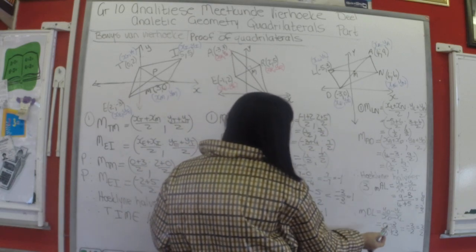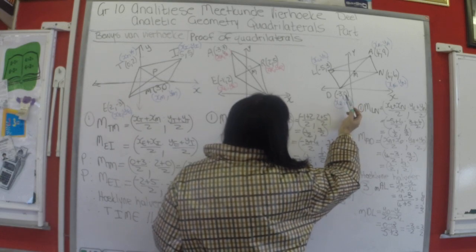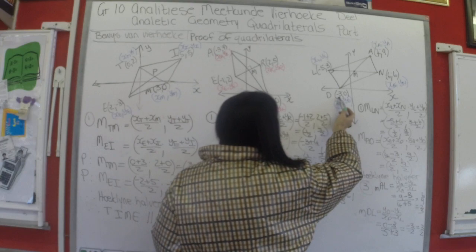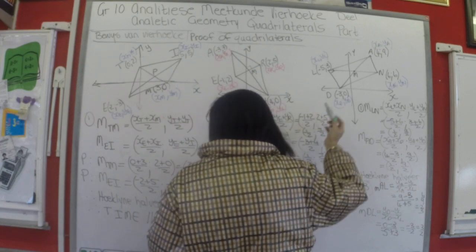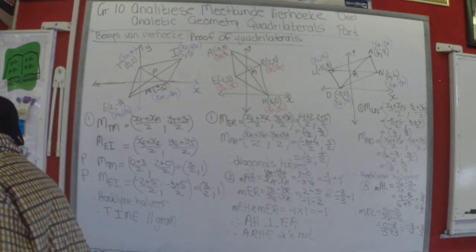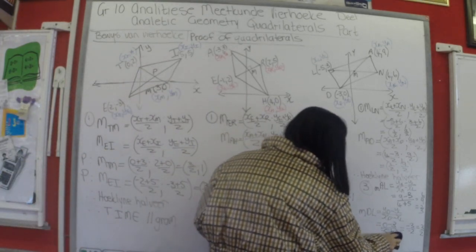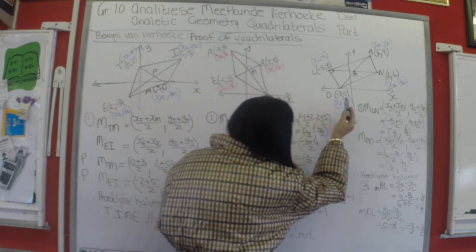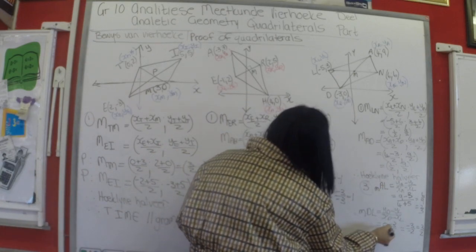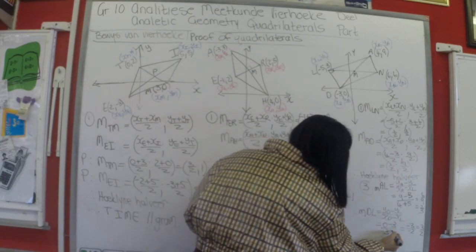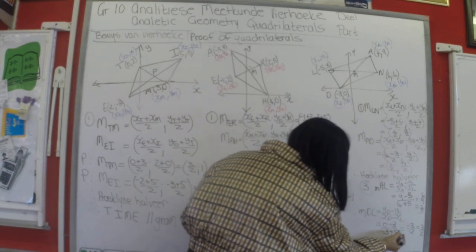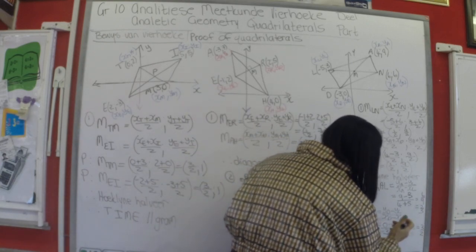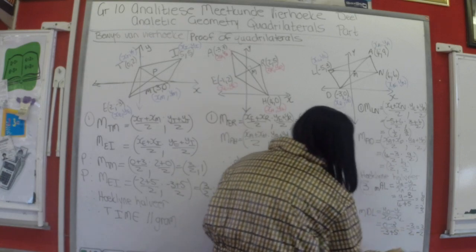Gradiënt van DL, ek begin by D. Die y van D is 0 minus 3, dis reg. Hier het ek verkeerd begin. If you start at D, you must start at D again. Juffrou het dit omgeruil. Kom ons maak dit net reg. Die x van D is minus 3 minus 5, dis plus 5. So now, that's a plus 2. En dan is dit minus 3 op 2.